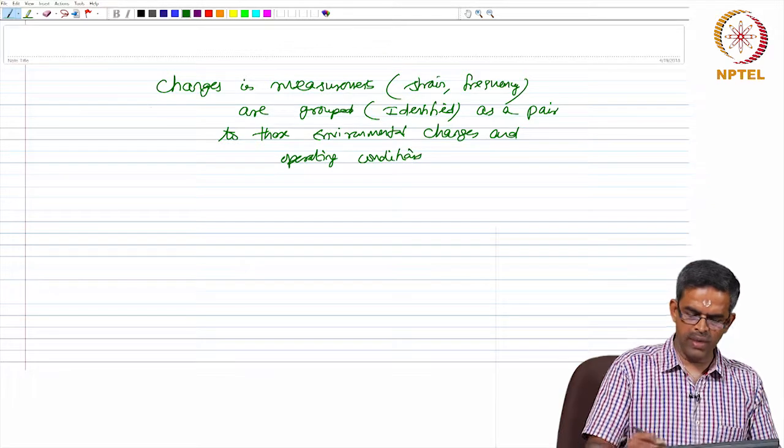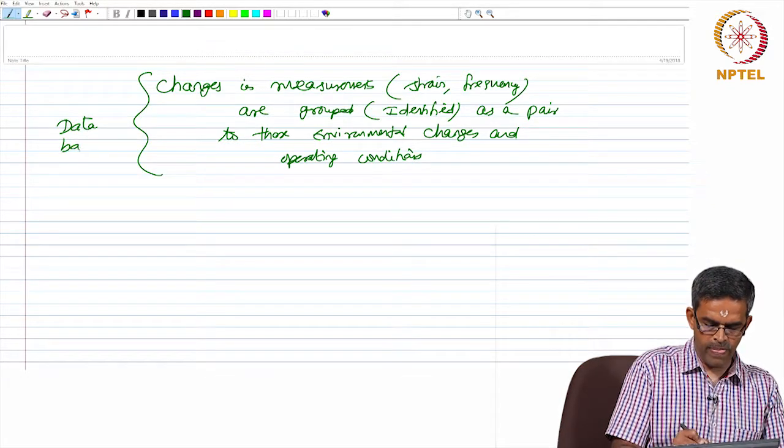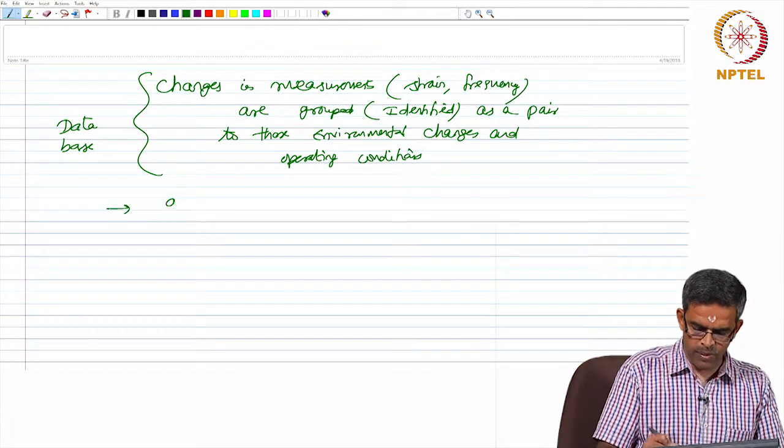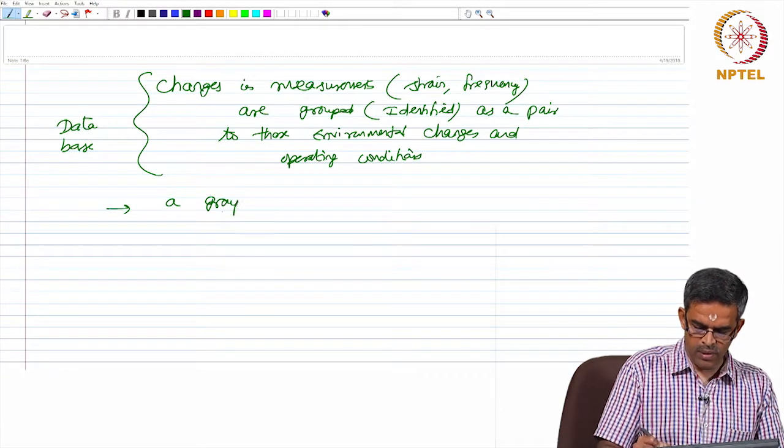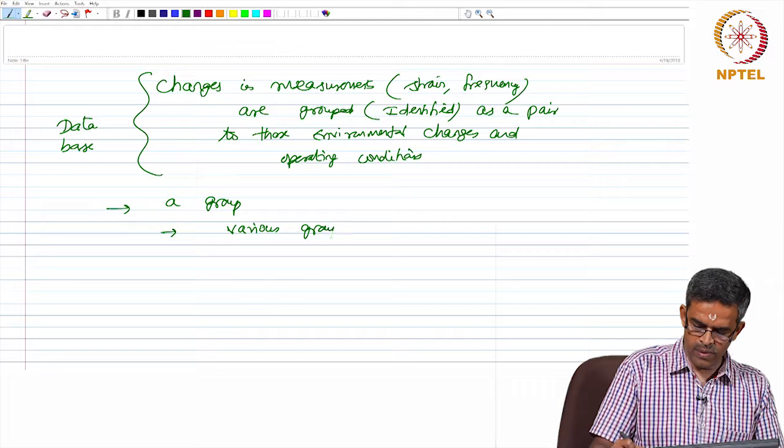So, we create a database which is actually a group. Like this, we create various groups.